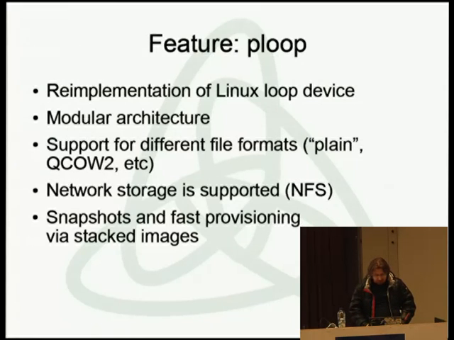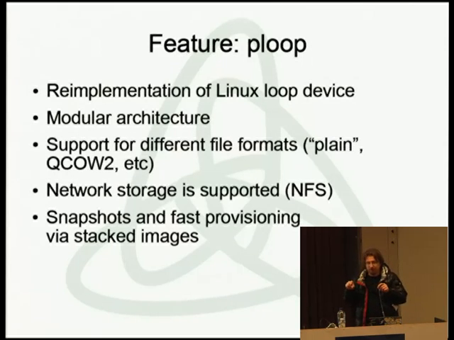And one interesting feature about this is you can have a few images layered on top of each other. So I was talking about just one image file, but you can add another one on top of that, make the lower level read-only, make the upper one read-write, and this way you can create an instant snapshot of your container.